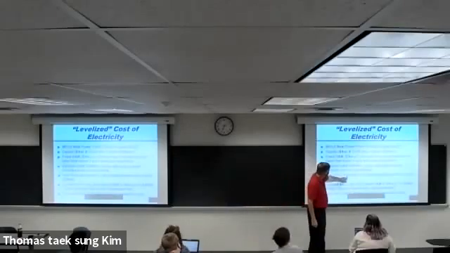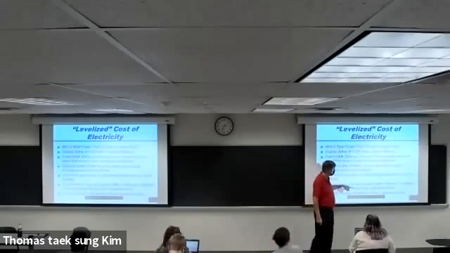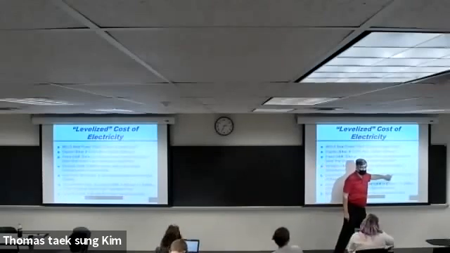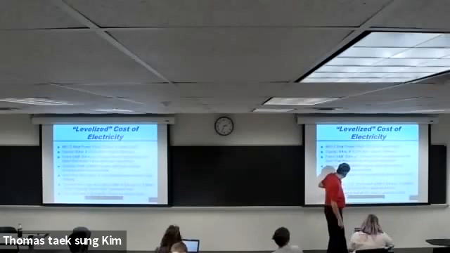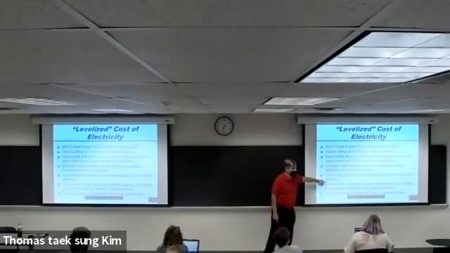Okay, so fuel price is dollars per million BTU. Let's say that's $2. And the heat rate for a coal plant might be 10,000 BTUs per kilowatt hour. And that will yield the fuel cost. If you do the multiplication, and we'll do it on the next page with a more detailed example, you could come out with dollars per megawatt hour.